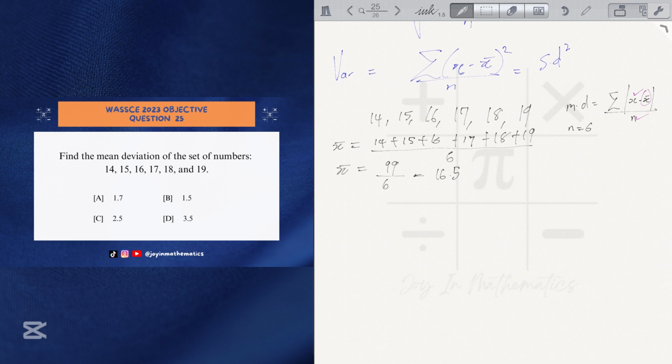Now we want to find x minus x bar for each. The best way to do this is to use a table. So using a table now, we have x, x minus x bar, and we also have the modulus of x minus x bar.